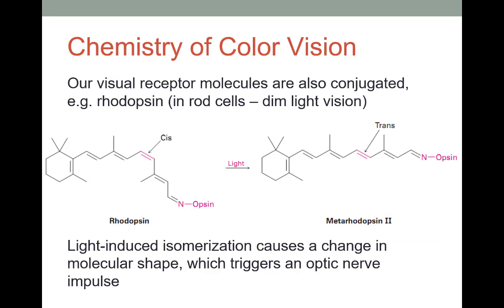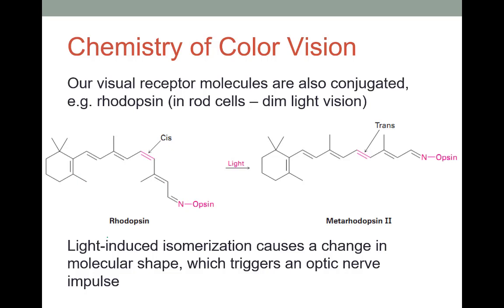Now actually in our eyes we have some molecules that are involved in receiving dim light signals. We can't see UV light directly, but those molecules are conjugated, and so they are absorbing and reacting to some of the UV or at least UV proximal wavelengths.